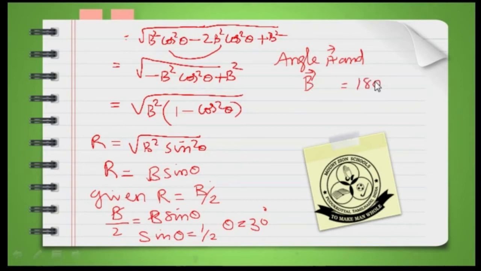As we have found out, it is 180 minus 30. The answer is 150 degree. The reason why theta cannot be 30 is because the resultant makes 90 degree with A. Okay, hope you have understood.